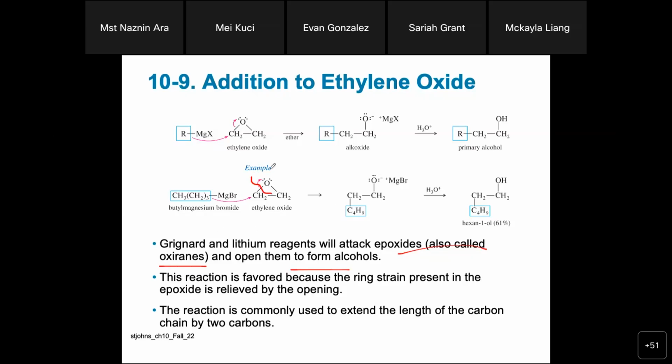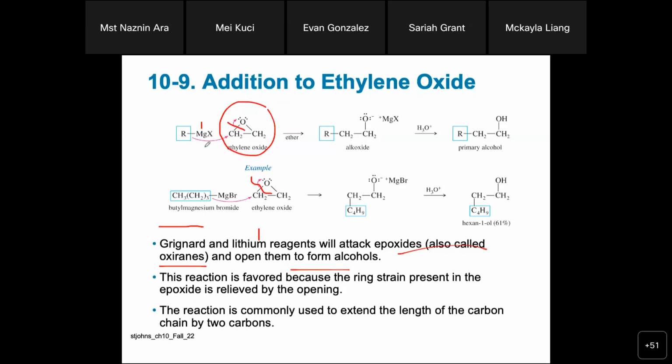The Grignard reagent contains magnesium, and similarly the other contains lithium. So both reagents are able to attack this type of epoxide or ethylene oxide. First they attack and open the ring. When they attack here, you can see what is going to form.